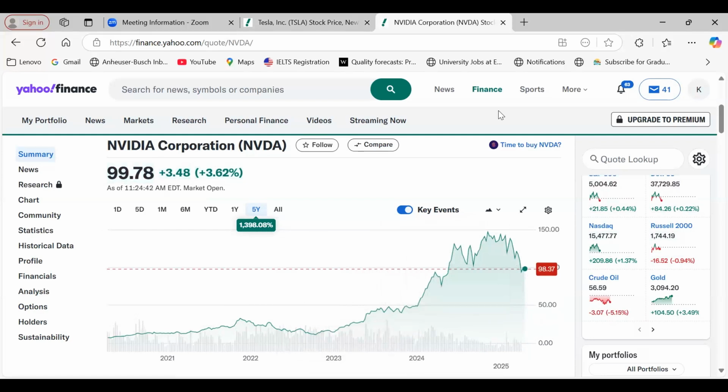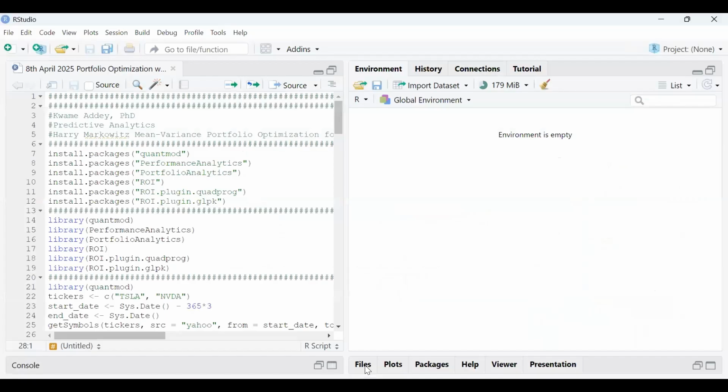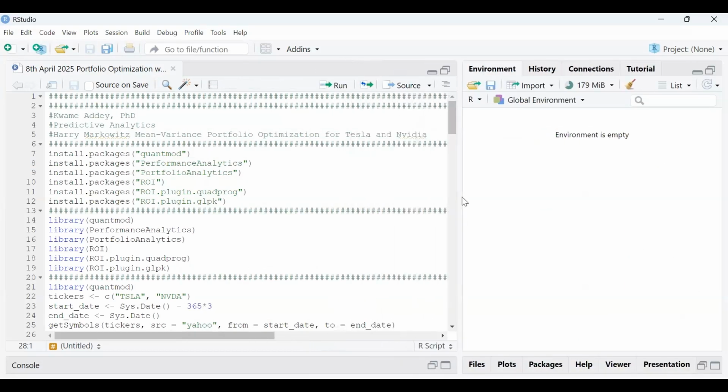So with this being the interest, the question we ask ourselves is, as a portfolio manager, what is the optimal combination of these two stocks that will help you maximize returns and minimize risk? So if you see here, I'm going to use the Harry Markowitz mean variance portfolio optimization to be able to do that.